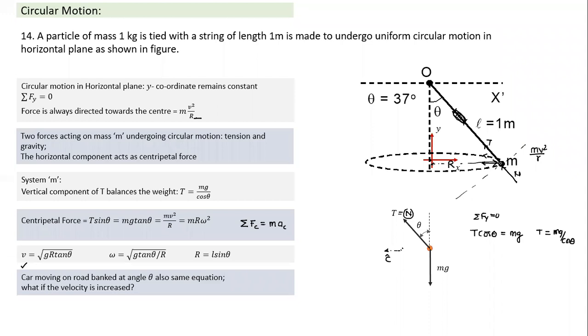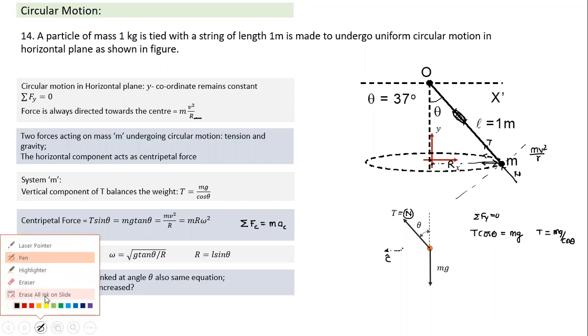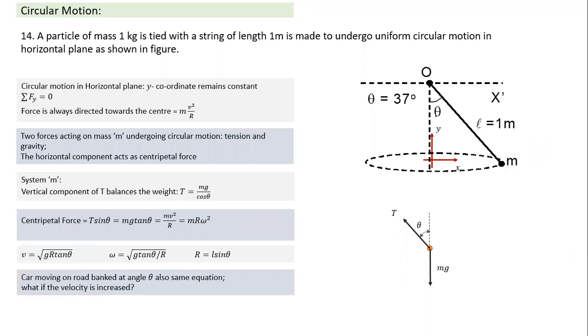And what happens if the car moves faster? Just imagine here also. Suppose when this mass is moving at this particular velocity, it moves in a horizontal plane. Suppose suddenly we increase the velocity. What do you think will happen? If you just read from the equation, if v increases, for this equation to match, theta has to increase.